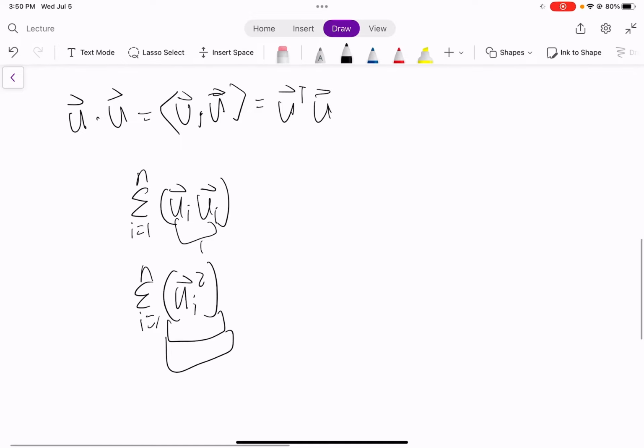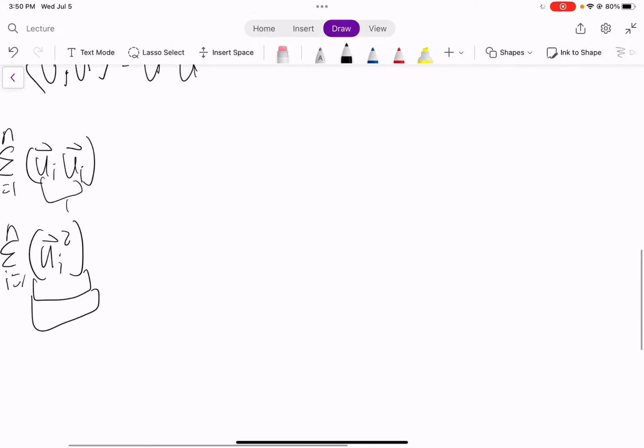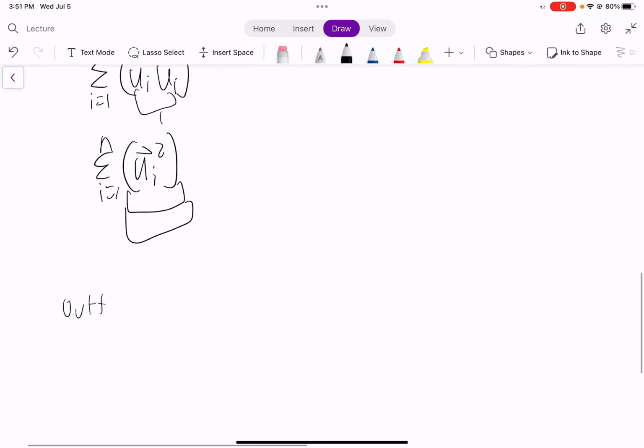Okay? Now what's an outer product? Well, I keep wanting to spell outer product with 2 I's. An outer product is, we went with u transpose.